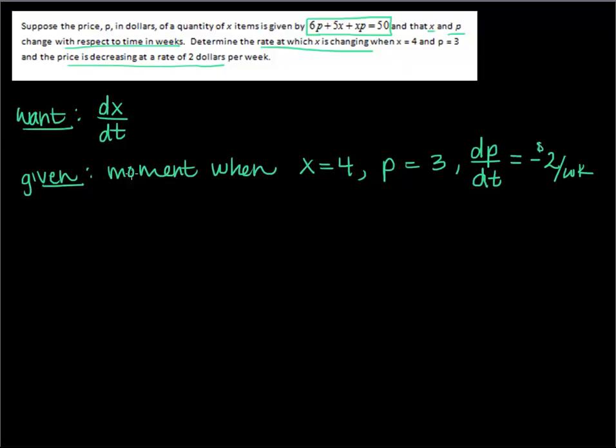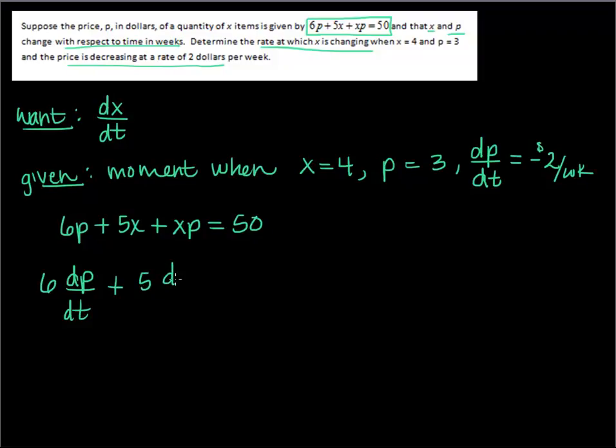We need an equation that relates these together. Lucky us, this is actually given to us. So in this case, I don't even have to worry about finding that equation myself. I'm going to differentiate with respect to t, just for time's sake. That would be 6 times dp/dt plus, what's the derivative of x with respect to time?